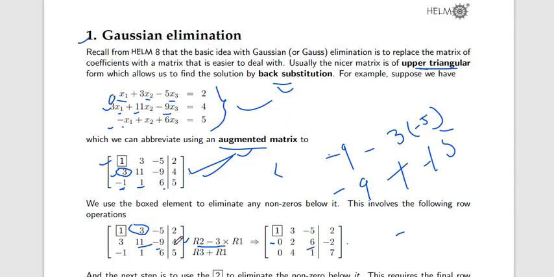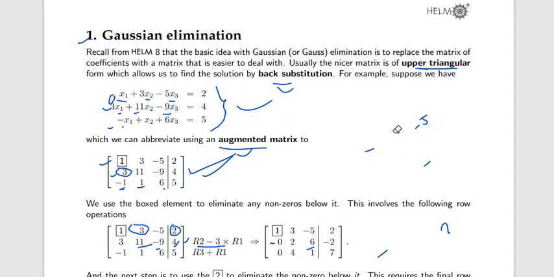Here we will get 6. We also do this operation for the last entry: 4 minus 3 multiplied by 2. Here R1 is 2, so 3 into 2 is 6, and 4 minus 6 is equal to -2. Okay, so the first operation is done.